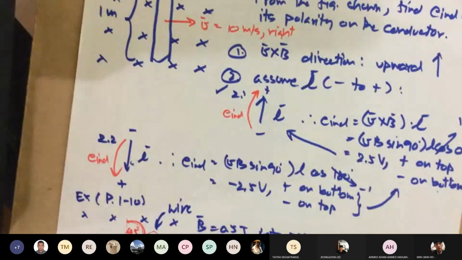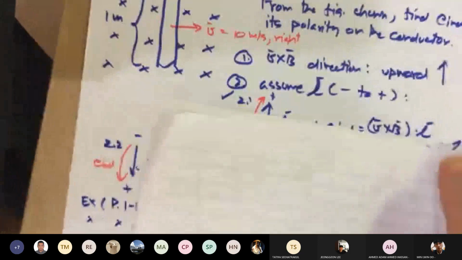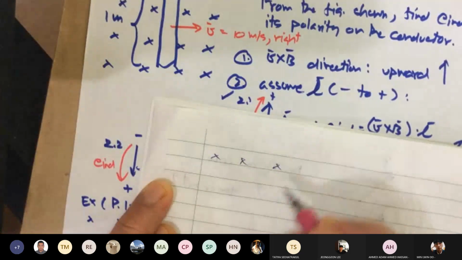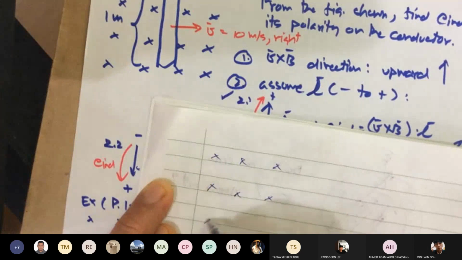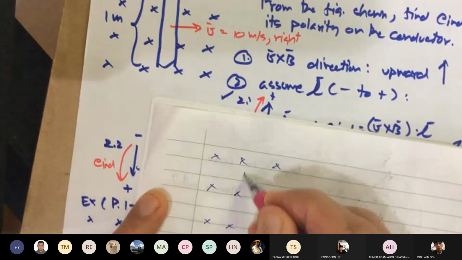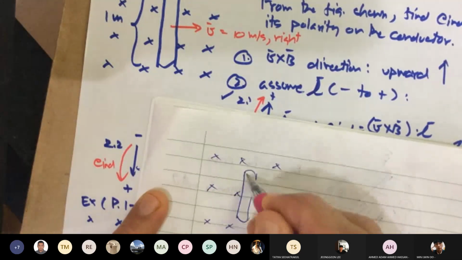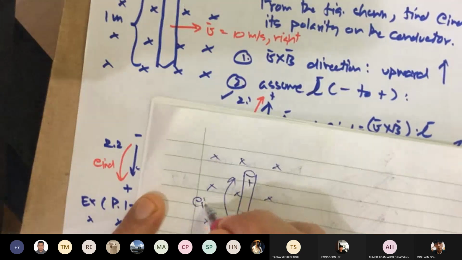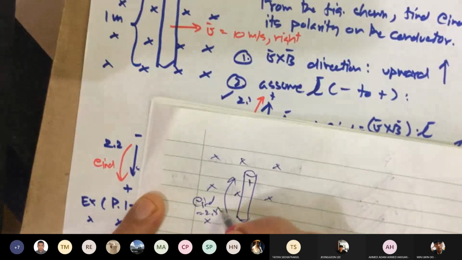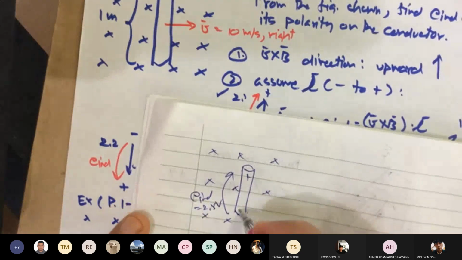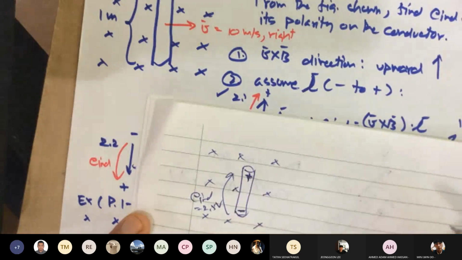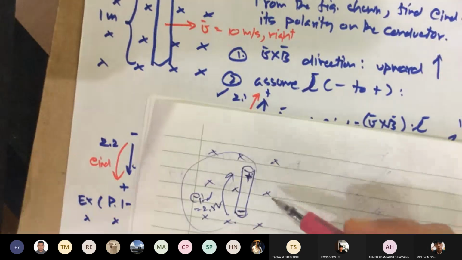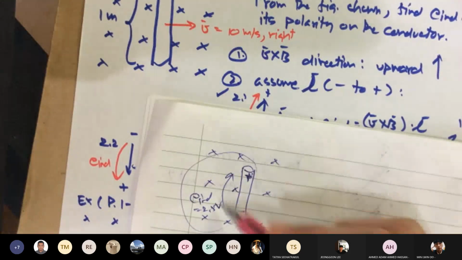That means from the original picture or setup, this is what you're going to get. Positive, negative. Induced voltage equals 2.5 volt. You see how that works? Negative here, positive here, right? On top and the bottom. Okay, so this gives you a better understanding. Illustrations.